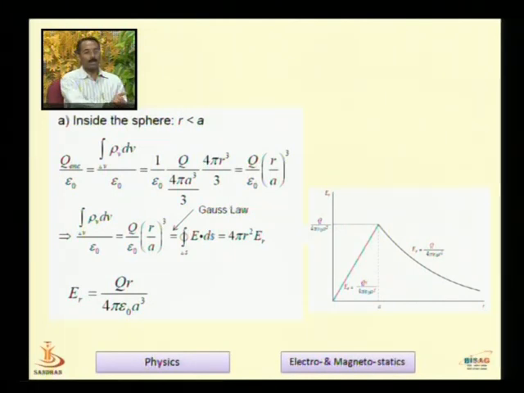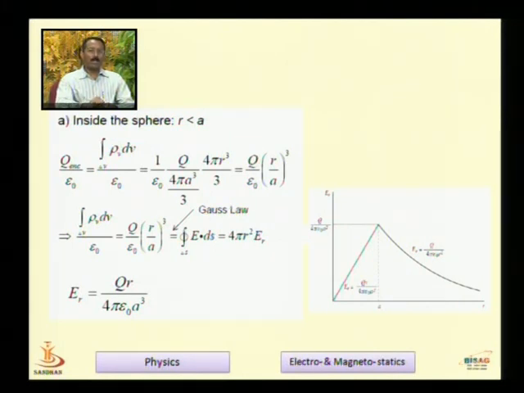You can see on the y-axis electric field is there, on the x-axis distance is given. So you can see at the center the electric field is 0, and it is increasing linearly with the size of the sphere.